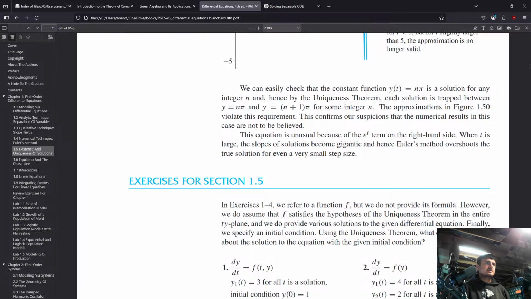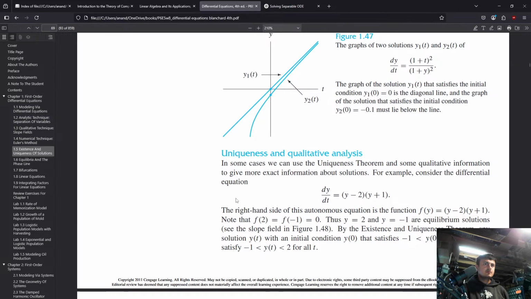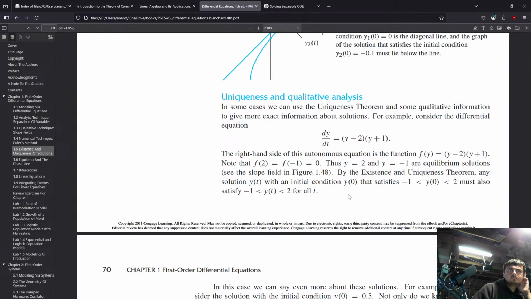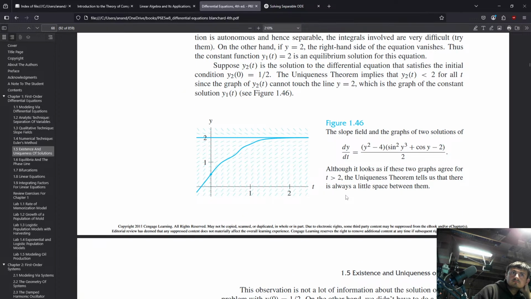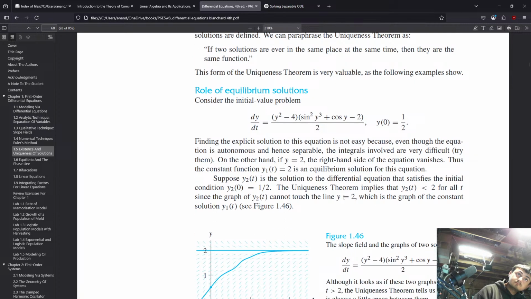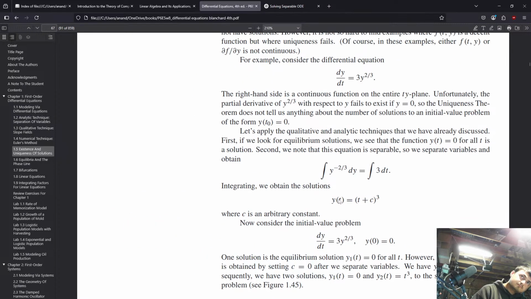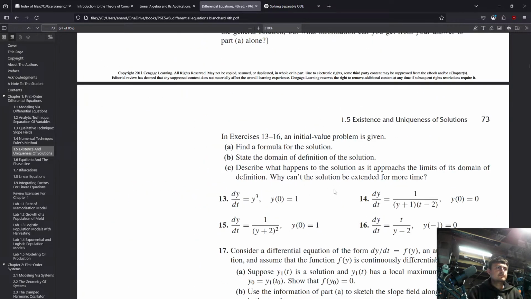Like it didn't say anything about how to solve these problems.